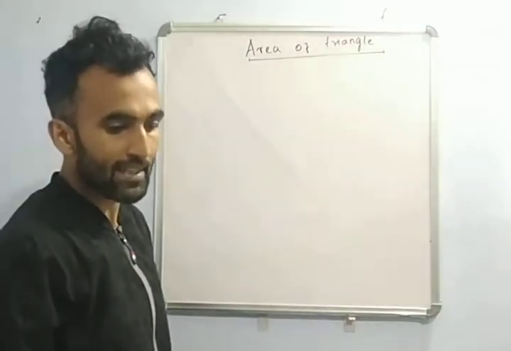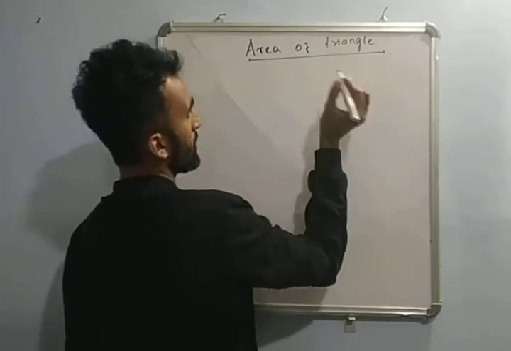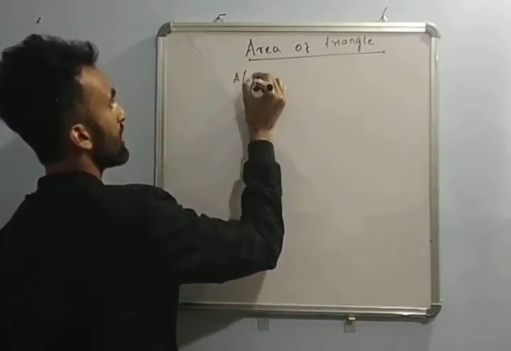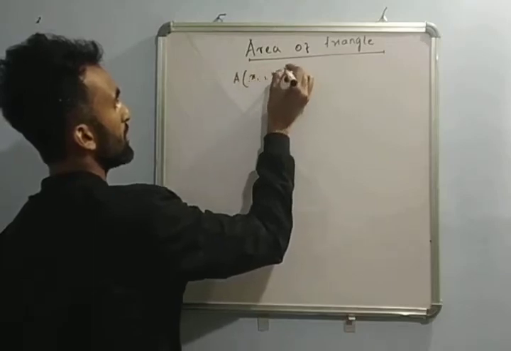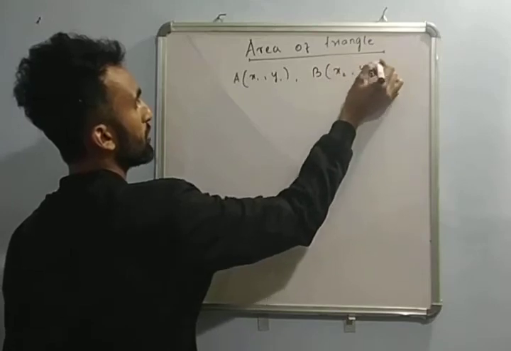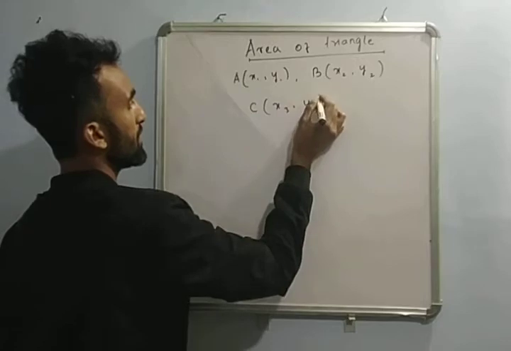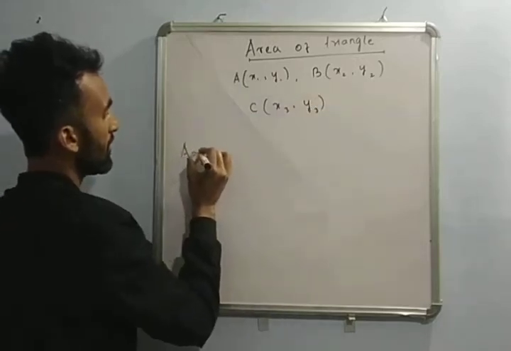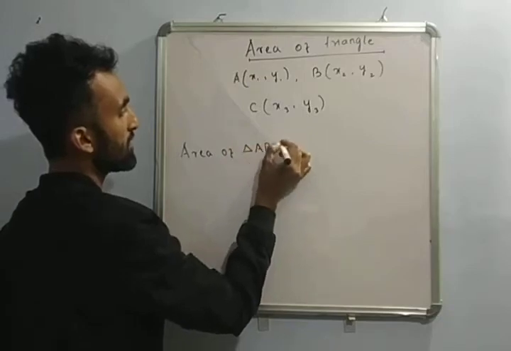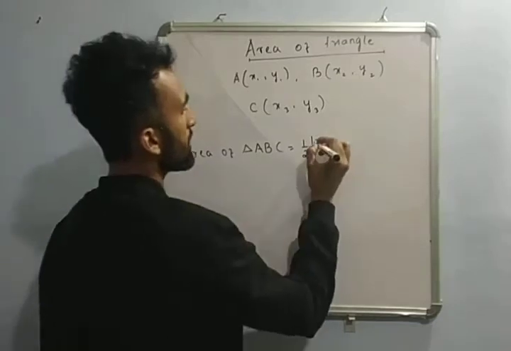I'm going to start with exercise 7D. Now, I told you that if there are three vertices, A (x1, y1), B (x2, y2), and C (x3, y3), then area of triangle ABC is nothing but half inside the modulus.